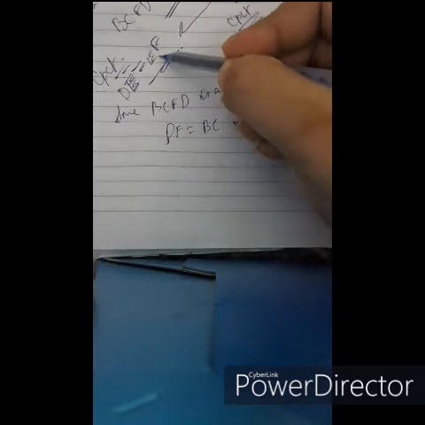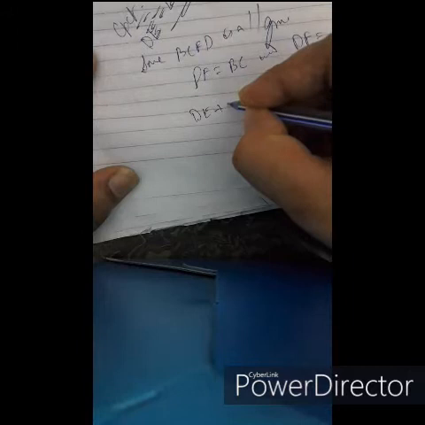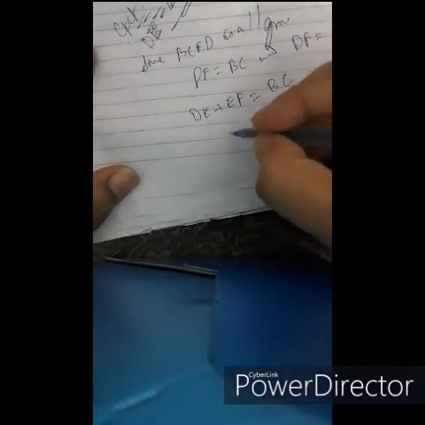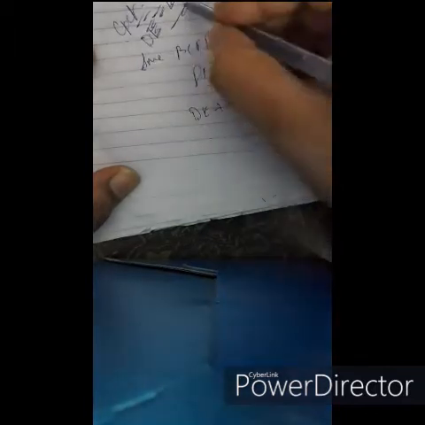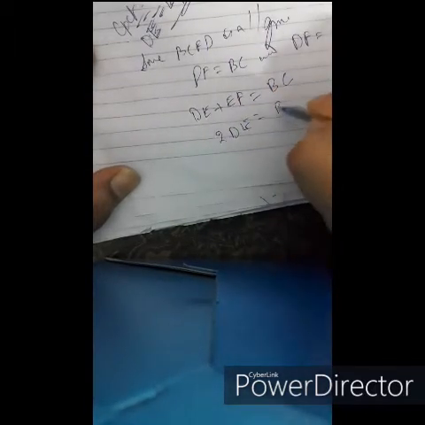So DF is broken down: DF becomes DE plus EF, which equals BC. Since DE equals EF, DE plus EF becomes twice DE equals BC.